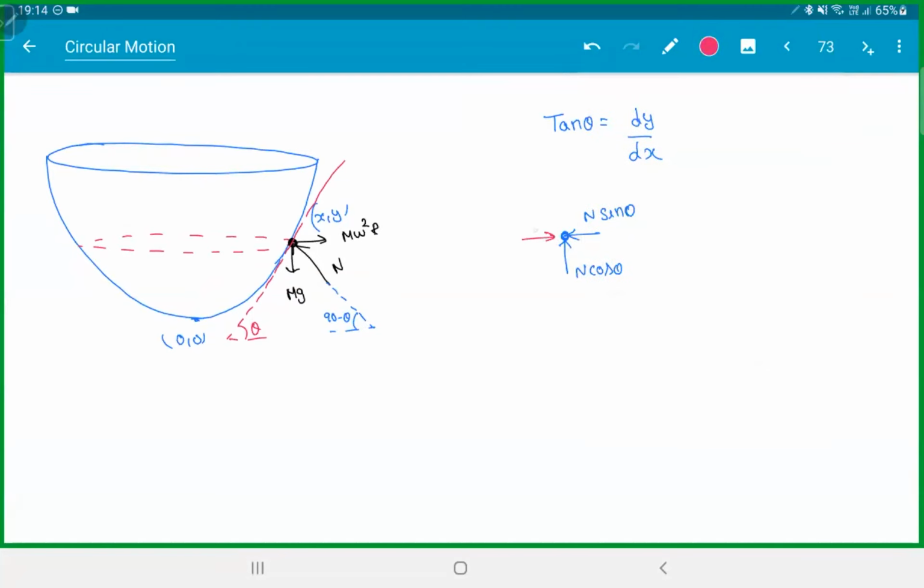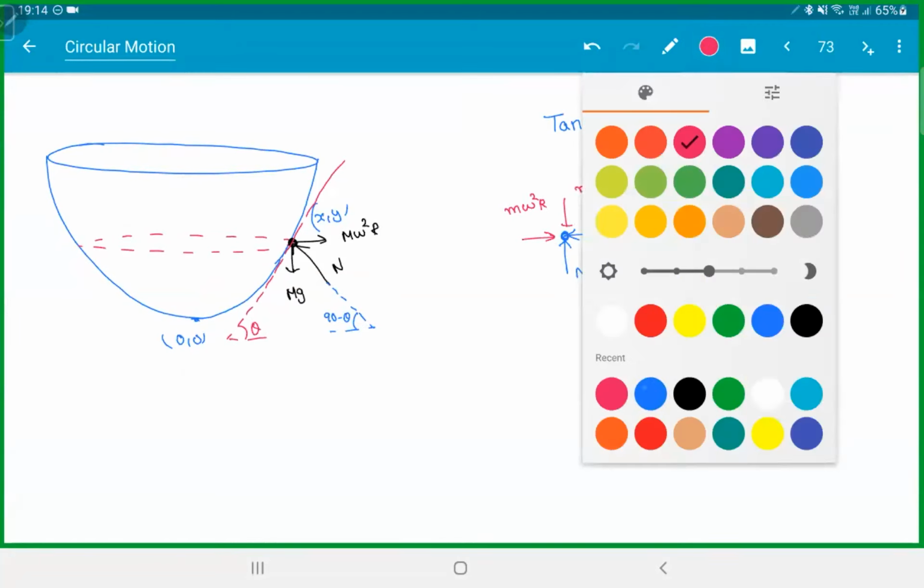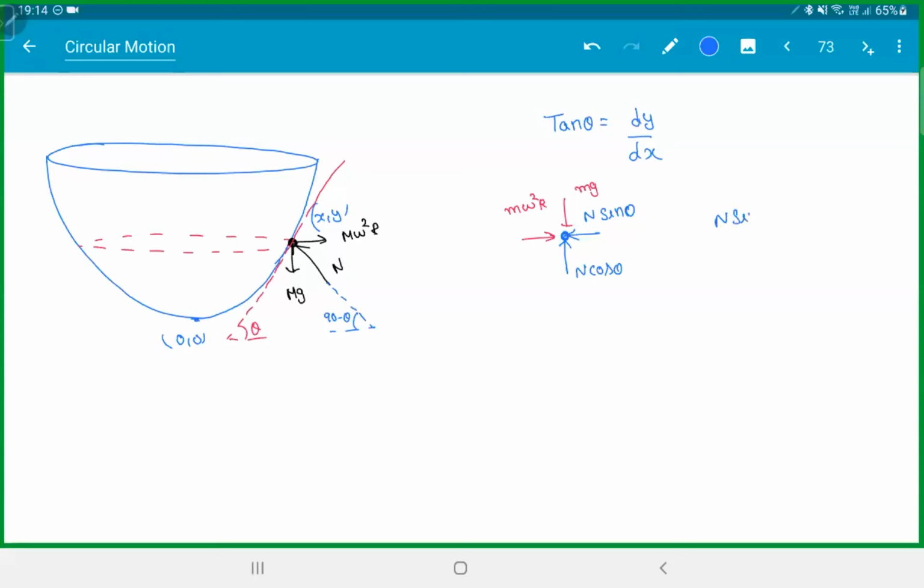The centrifugal force will be m omega square r, and the weight is mg downward. So if you balance them here, N sine theta is m omega square r, where r is x here, and N cos theta is mg. The radius of the circle is x.